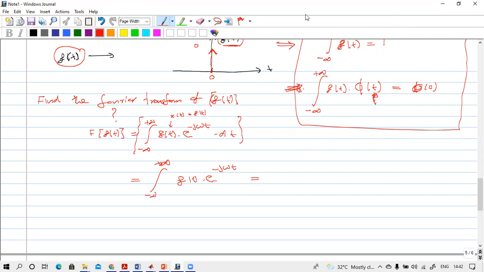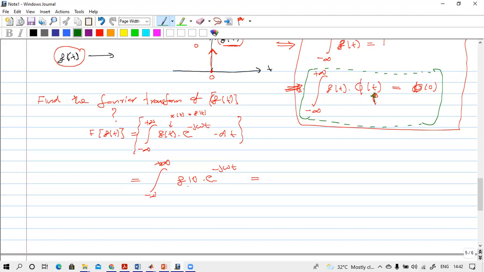Look at this property, the definition of the delta t function. If you evaluate the integral of delta t times phi t, you will get phi 0, the value at t equal to 0.